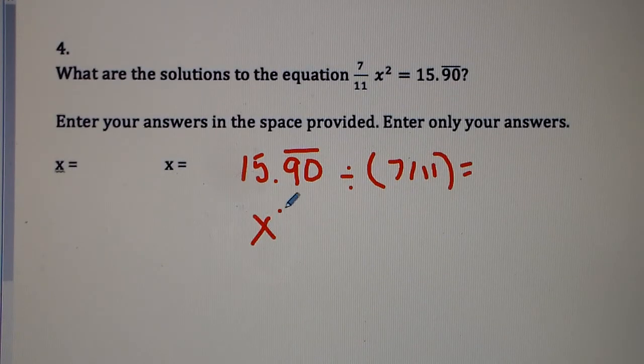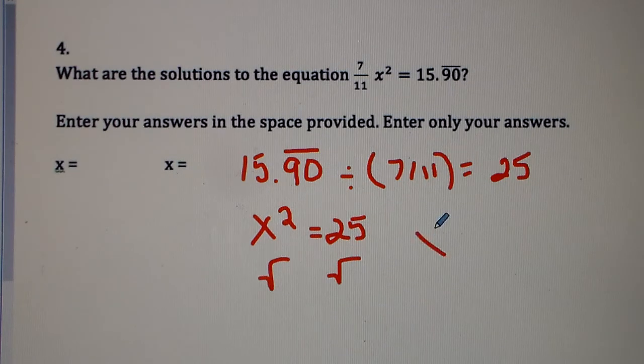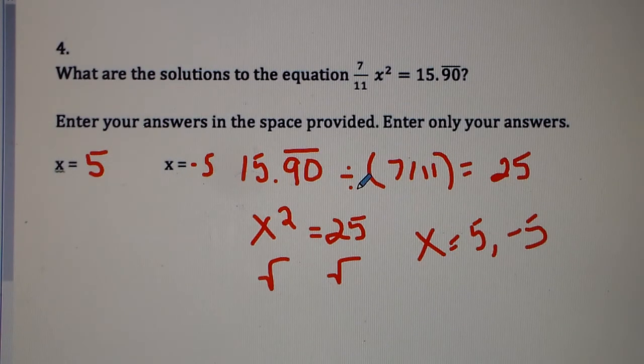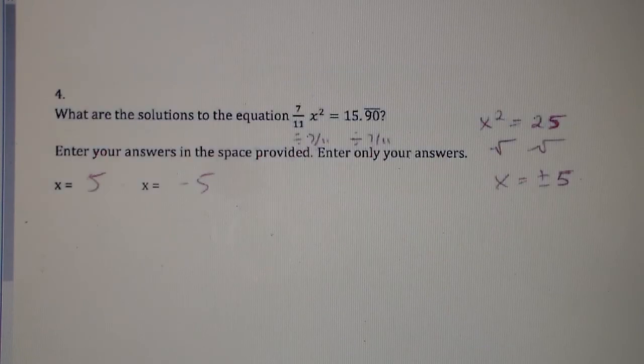So we're going to have x squared equals 25. Take the square root to both sides, and we're going to get x equals 5 and negative 5. So 5 and negative 5, or two answers there.